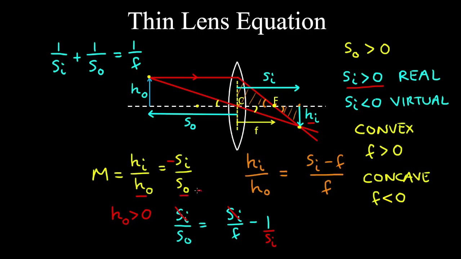And given the distance to the object is always taken as positive, then to account for the image being inverted, we just negate the distance to the image. And if we take the absolute value of the magnification, that gives the ratio of the magnitude of the size of the image to the size of the object. And we'll get some practice in using these equations for a thin lens.